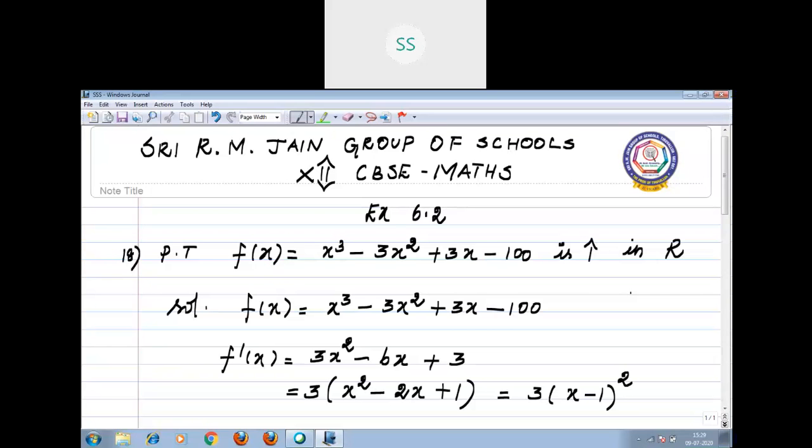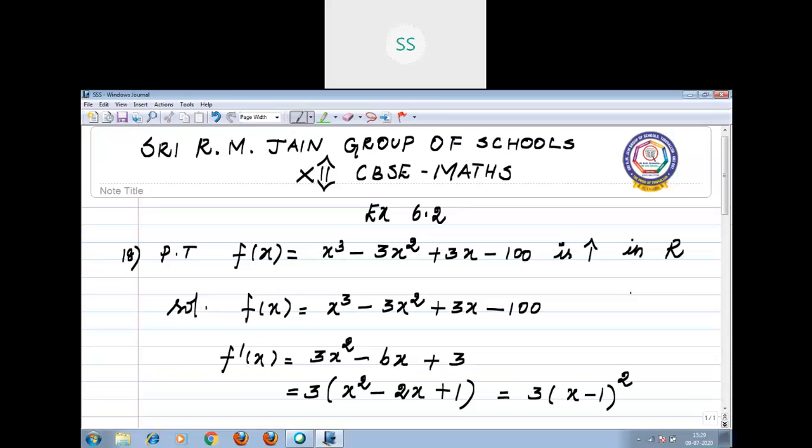Again, I repeat, real number is given, minus infinity to infinity. On minus infinity to 1, the derivative is greater than 0. Again, on 1 to infinity, the derivative is greater than 0. That means your conclusion is strictly increasing.